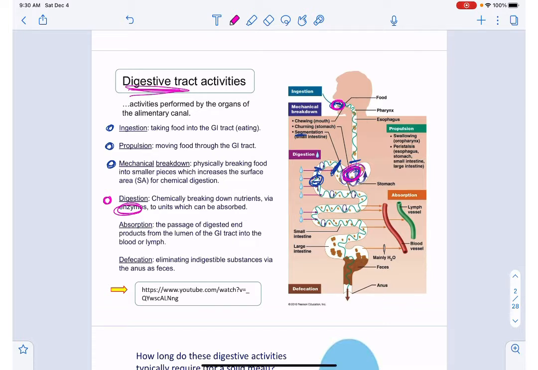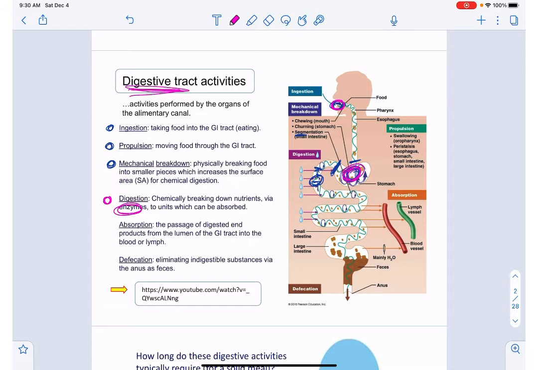And does anybody have any idea what nutrients we're going to start to break down in the stomach? This is where we're going to start to break down proteins. Okay, the stomach is super acidic, so it's going to unravel those proteins, and then we have enzymes in there specifically called pepsin, an enzyme called pepsin that's going to start to break the bonds between those individual amino acids.